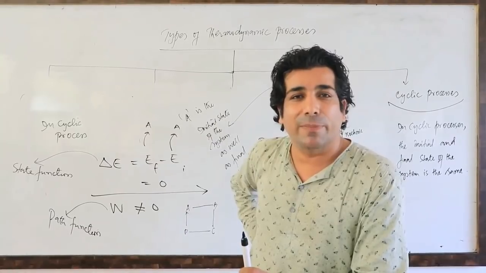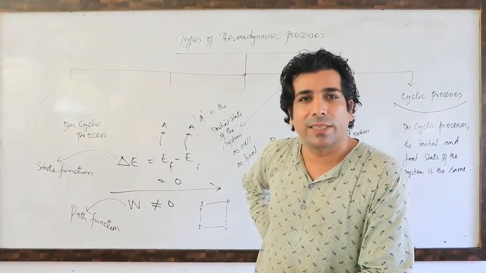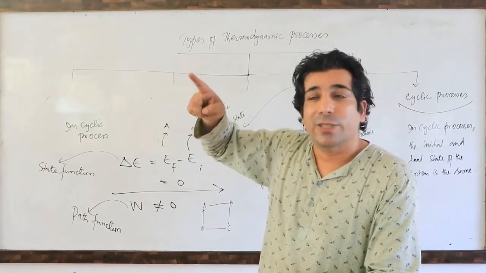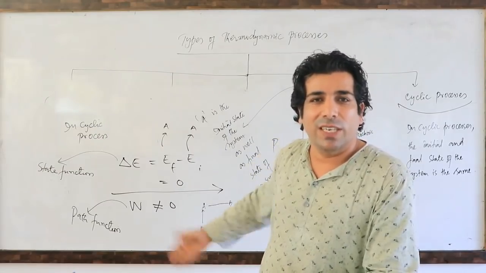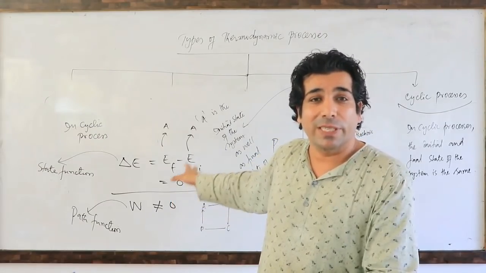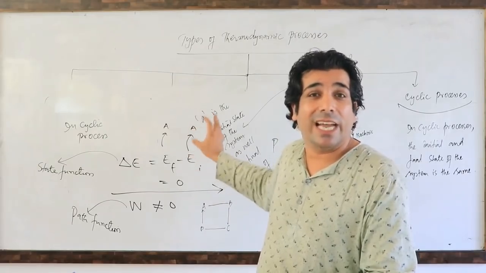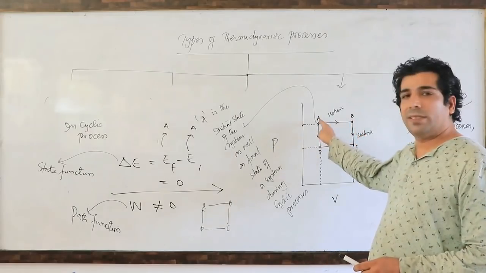Does this cyclic process cover some path? Yes, it covers the path from A to B, B to C, C to D, and D to A. So a huge path is being covered by this process. So our work will not be zero. That means in this process, work is done, because work depends upon this particular path.